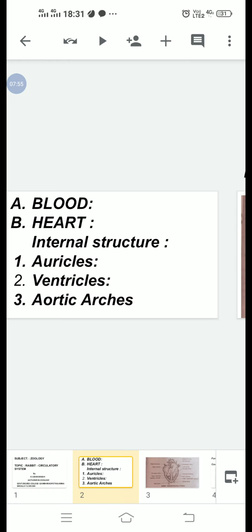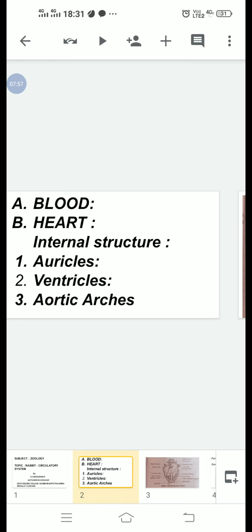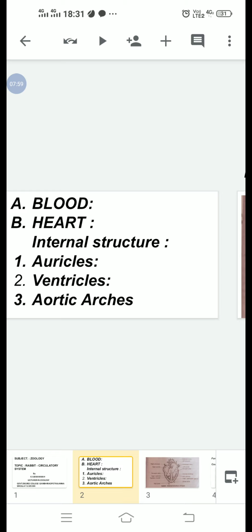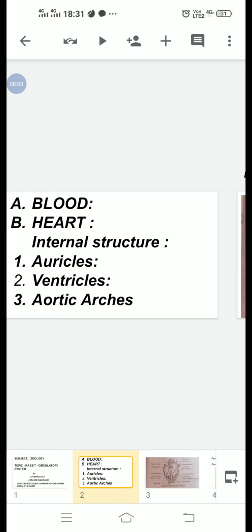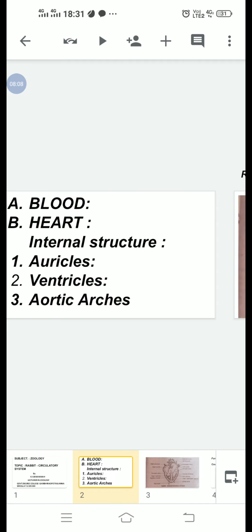In the embryonic stage, this septum has a small pore called foramen ovale.